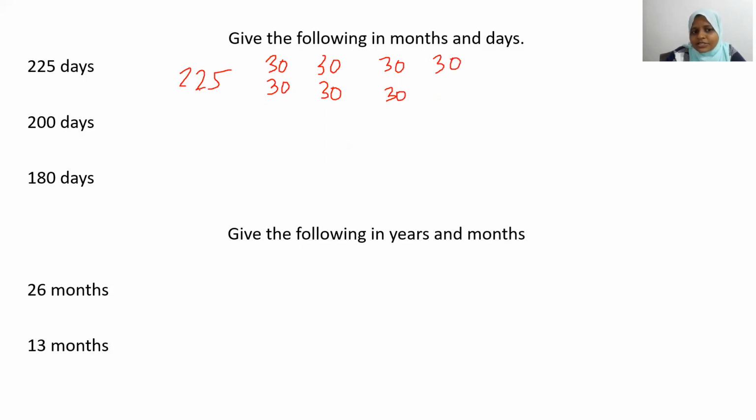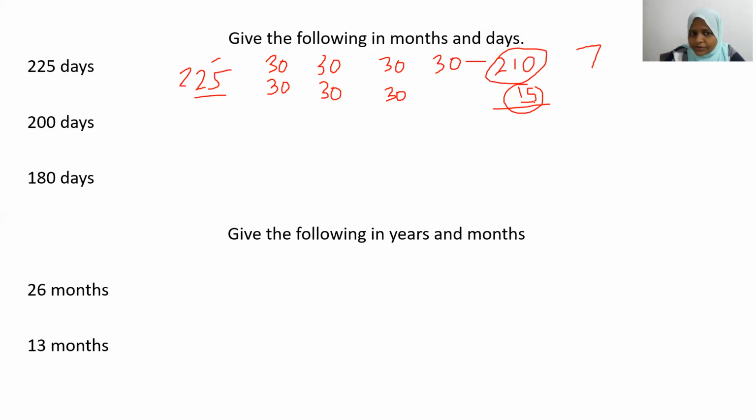The next one cannot be added because there's only 15 balance. What is the balance? We stop at 210, but the total days are 225. So how much is remaining? 15. So 210 days and 15 days. 210 days is how many months? 1, 2, 3, 4, 5, 6, 7 months. So the answer is 7 months and 15 days.